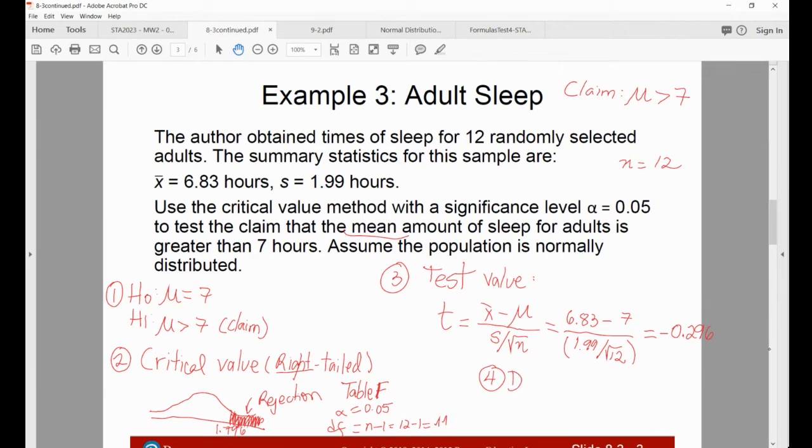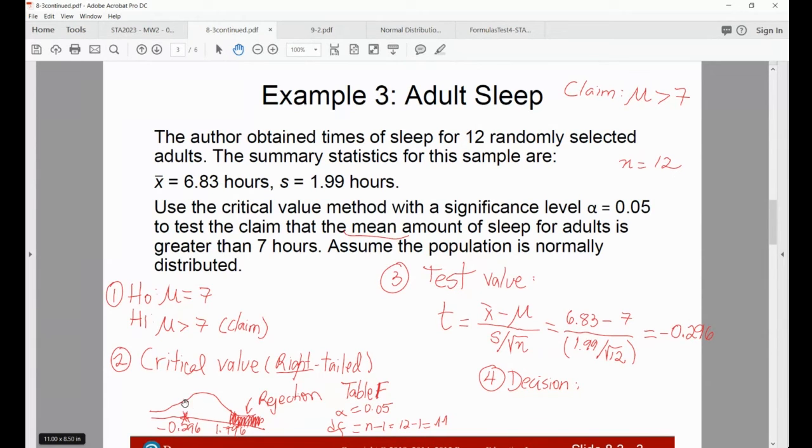After you find the test value, you need to make a decision about rejecting or not the null hypothesis. So we need to see where the test value falls. Does this value fall in the rejection region or in the non-rejection region? In the non-rejection region, because negative 0.296 is less than 1.796, so it's on the left side.